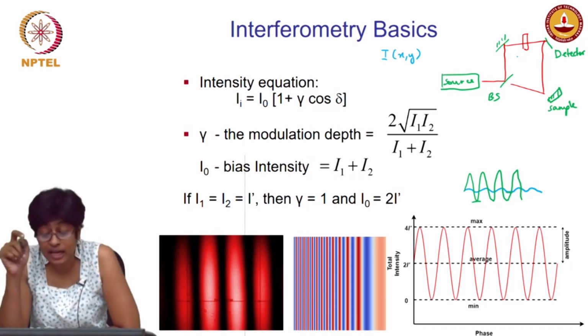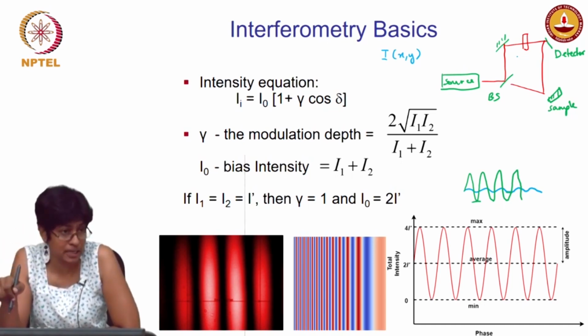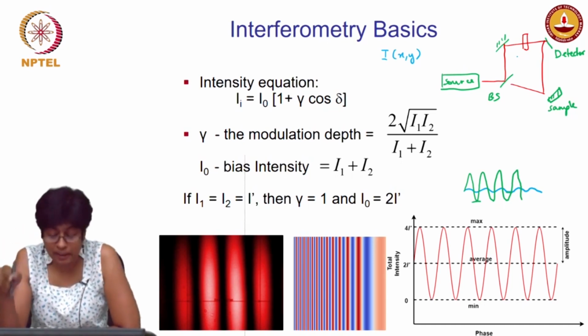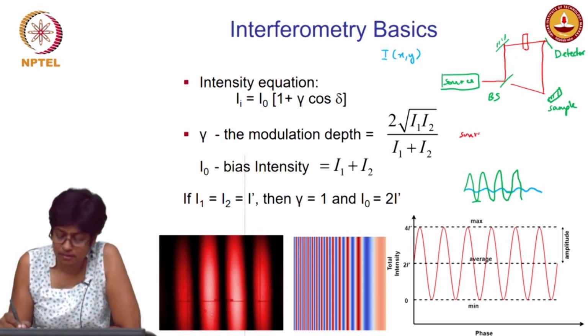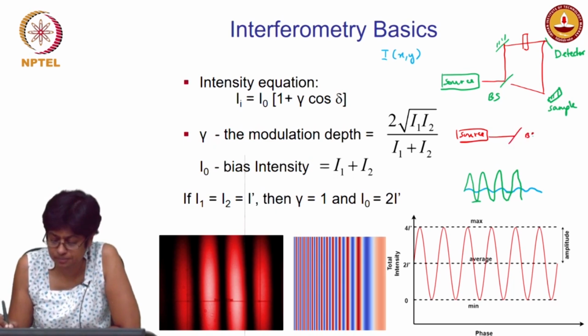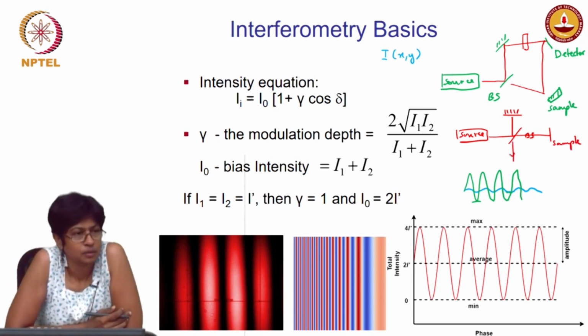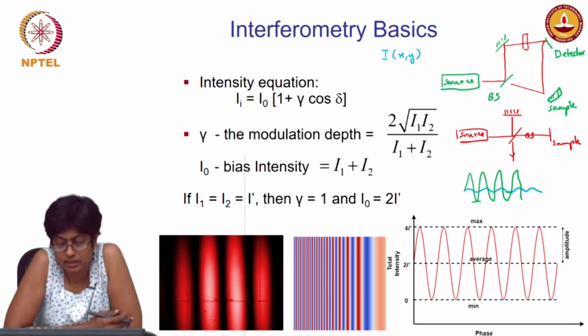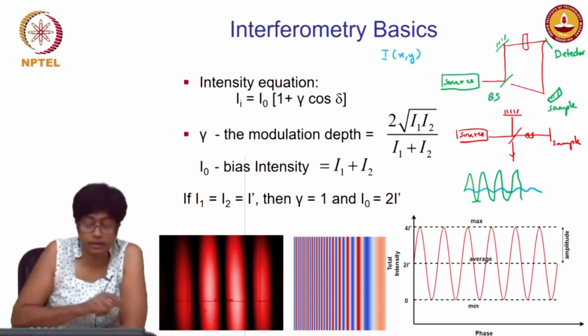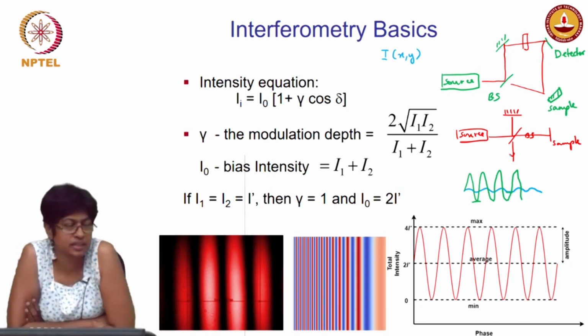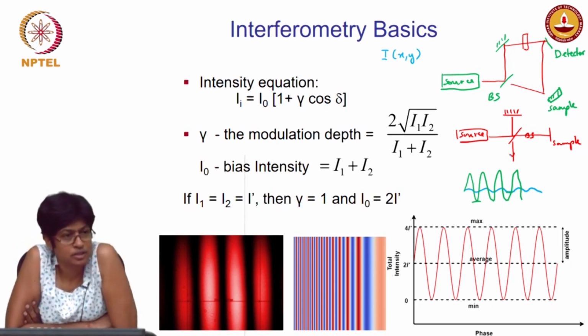There is a reason I did not draw the Michelson. What is the difference in the Michelson? You have the beam splitter, and then you would have your sample here, mirror here, and then they come back. Why is changing the beam splitting ratio in the Michelson not really going to serve your purpose?